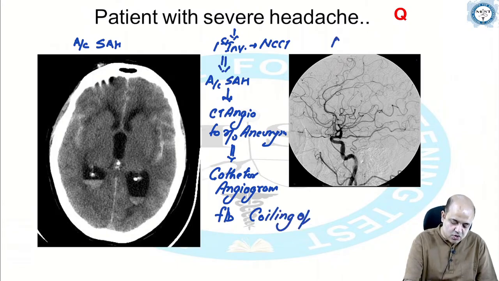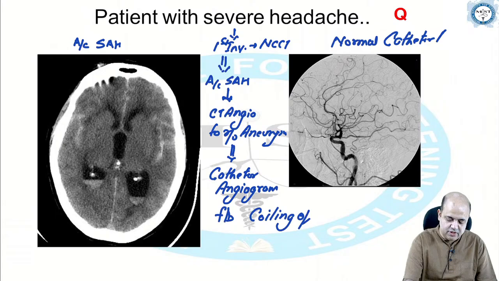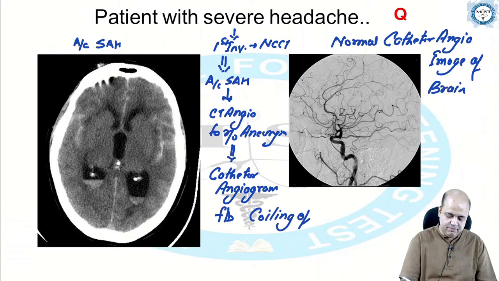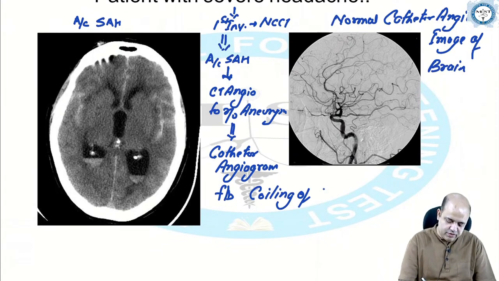This is a normal catheter angiography image of the brain, followed by coiling of the aneurysm.